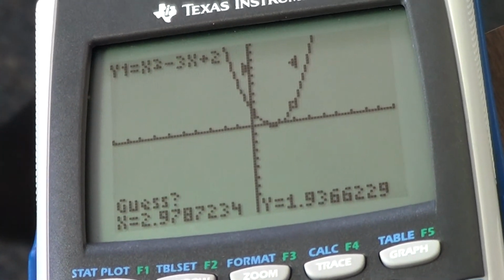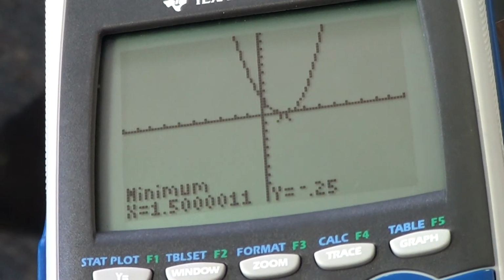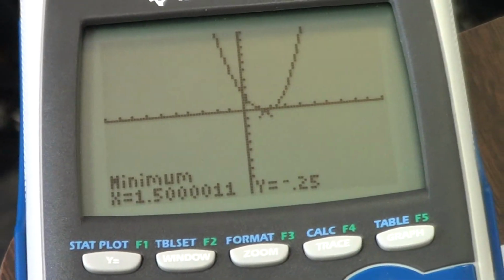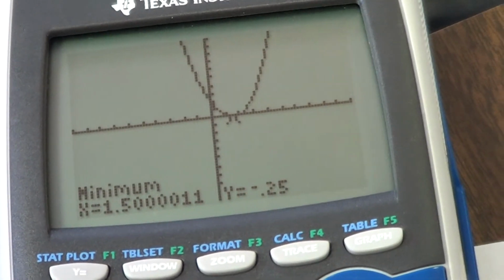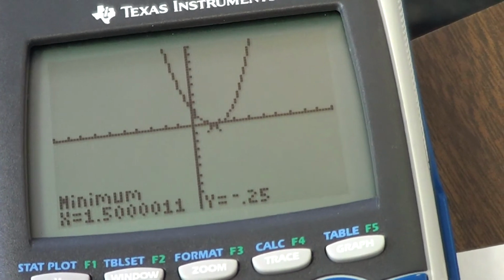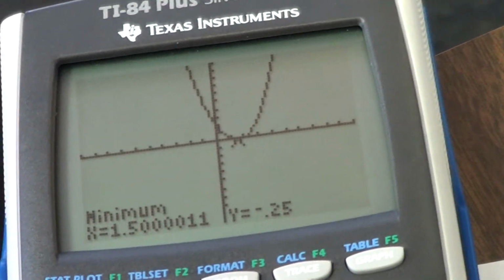Then enter again where it says guess. It will tell you that the minimum is about 1.5, the x value is 1.5, which we said 1.5 seconds, and the y value is negative 0.25. So you can use your calculator to check that if you would like.